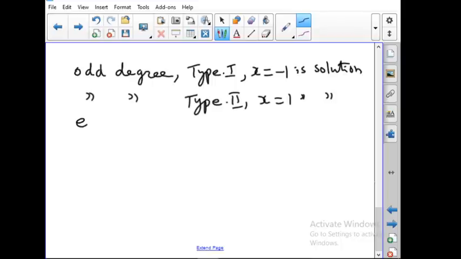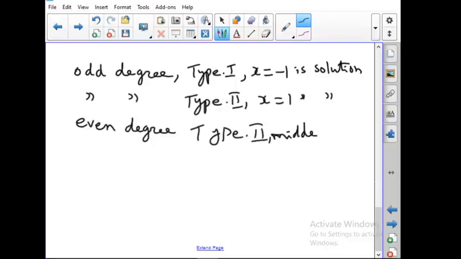Then if it is of even degree and type 2 and the middle term is 0, then x is equal to 1 and x is equal to minus 1 are solutions.